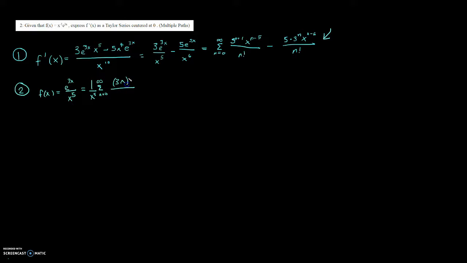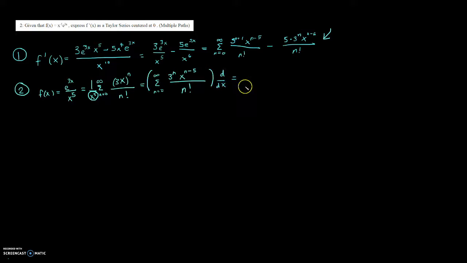So (3x) to the power of n over n factorial. And let's rewrite this so that it looks neater: 3 to the n x to the n. Now we can incorporate x to the power of 5 by subtracting from the exponent, and the denominator will stay the same. Now, you found a power series for f of x, however, the problem is asking you for f prime of x, so don't forget to differentiate.